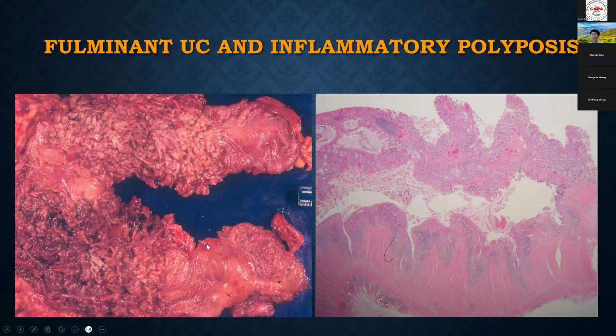Within this polyp, you can see inflammation goes all the way deep into the muscularis propria, looking like a fissure, right? Usually we say fissure is only seen in Crohn's disease, but in fulminant colitis or inflammatory pseudopolyposis, you do see fissuring ulcer.